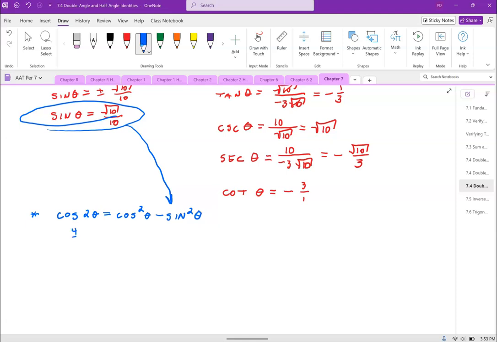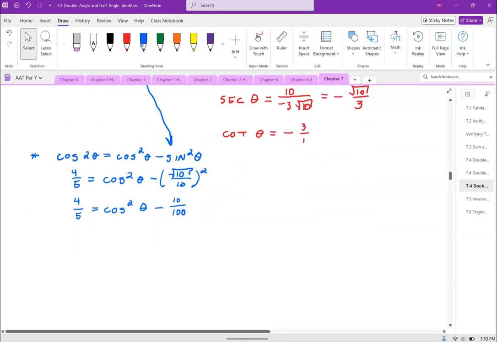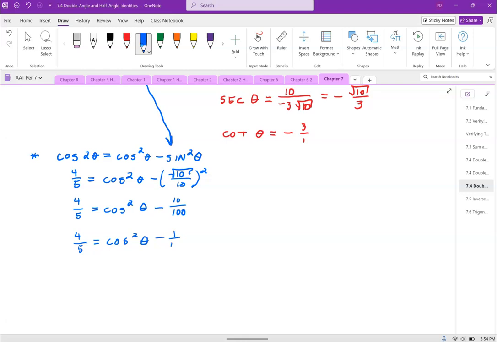So you'll get 4/5, that's the value we were given, is equal to cosine squared theta minus, well, we just calculated this, root 10 over 10 squared. So 4/5 is equal to cosine squared theta minus 10 over 100. I'd actually simplify it a little bit first. So 4/5 equals cosine squared theta minus 1/10.